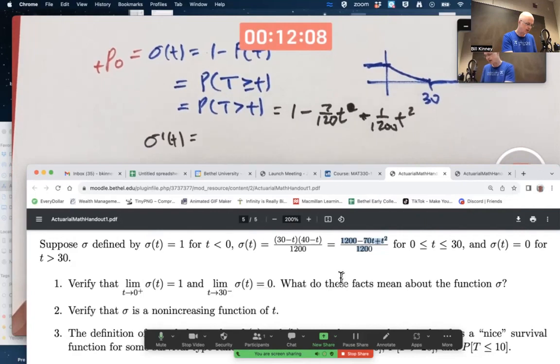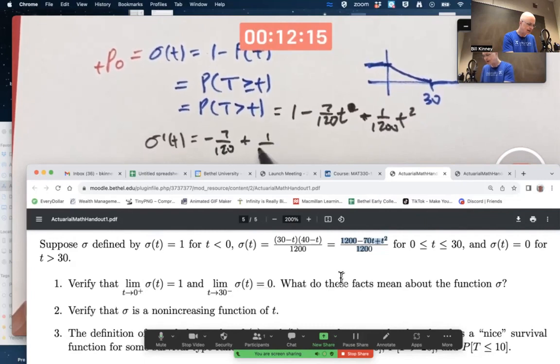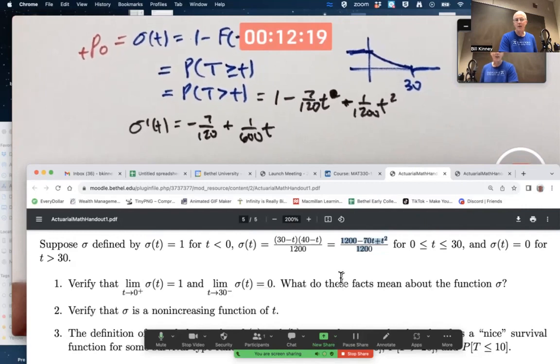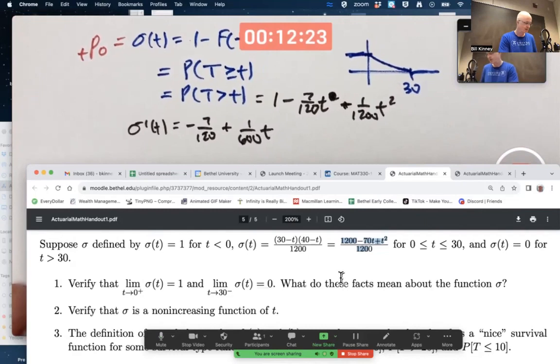So the derivative, take the derivative of this, you're going to get negative 7 over 120 plus 1 over 600 times t. And what do we want to do? We want to verify this is negative when t is between 0 and 30.